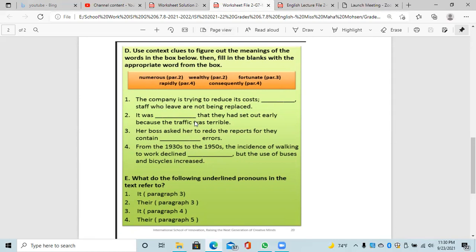And remember, we have a quiz on Monday on the vocabulary that we have in the lecture. I will show them to you in a few minutes.